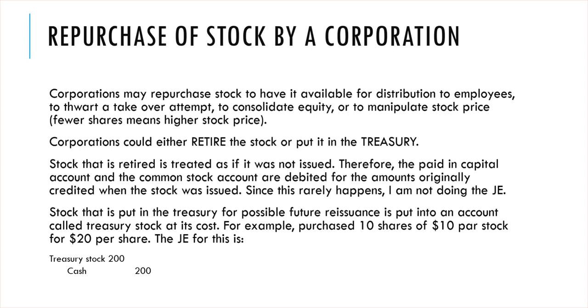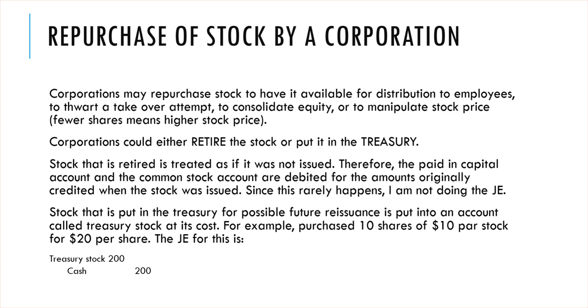If it's done according to the cost method, then you take 10 times 20, and you put 200 in treasury stock. It shows up as a debit. It can be credited, but it can never be credited for more than the 200, because if it were credited for more than 200, you would have a credit balance in treasury.